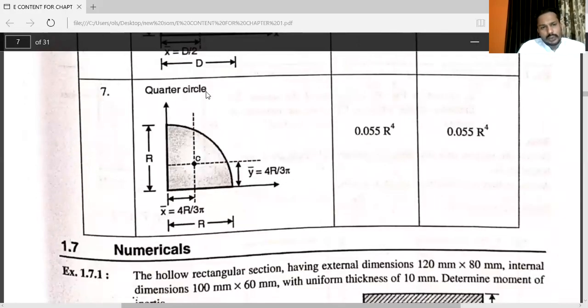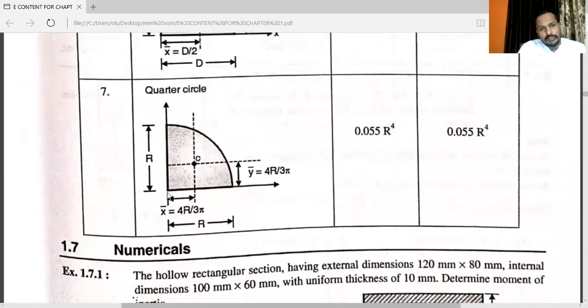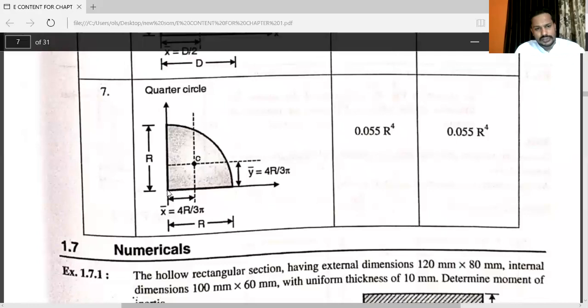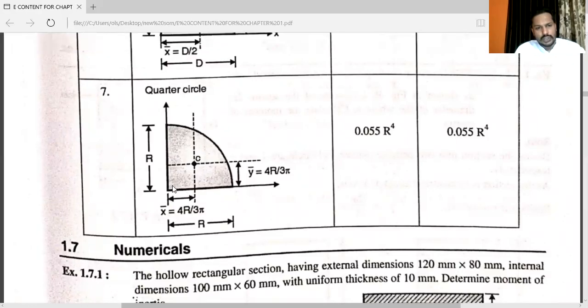Here, one more shape, that is quarter circle. In this diagram, this is the horizontal axis, this one is the vertical axis. R is given, X bar is also given, Y bar is also given. See the distance from that 90 degree, that intersecting point. From this intersecting point, this distance is 4r upon 3 pi.